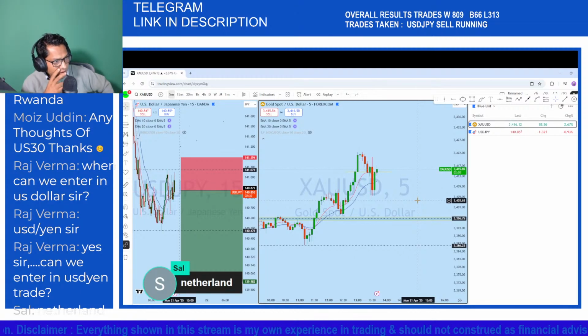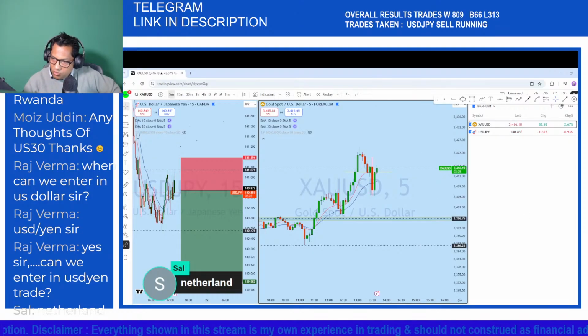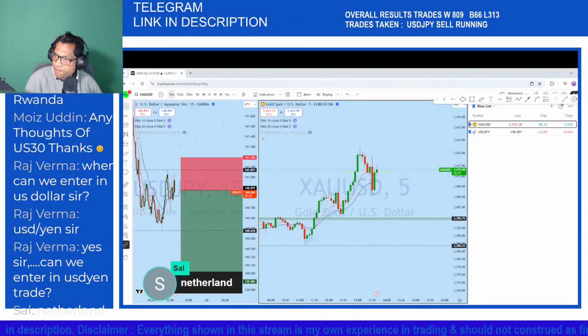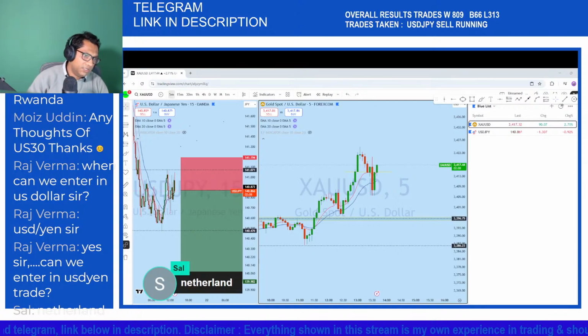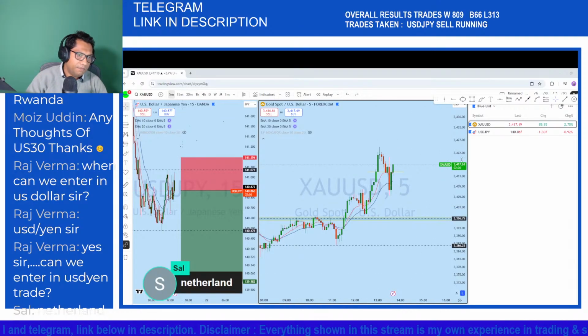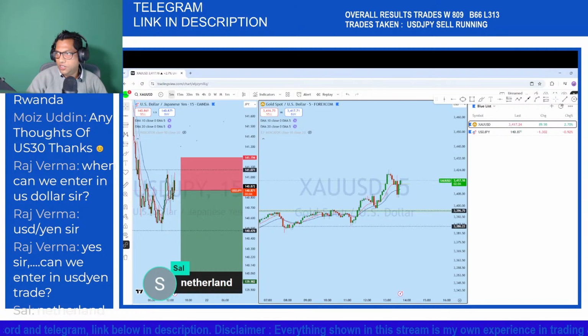While dollar yen has dropped back down to, I think, near our entry at the moment. And if we drop to around the 140.46, 47 level, we may be able to take some partial profit. While gold is again trending back up. So the major trend is up, as we discussed.